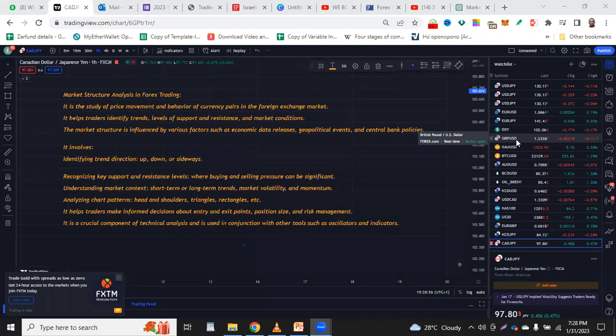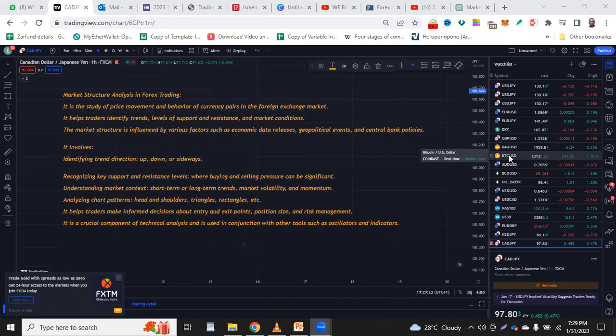All of that is easy for you to do when you understand market structure. And market structure is something you can use to analyze any kind of instrument, whether it's a currency like GBP USD, or crude oil, or you want to analyze NASDAQ, which is an index, or you want to analyze BTC.